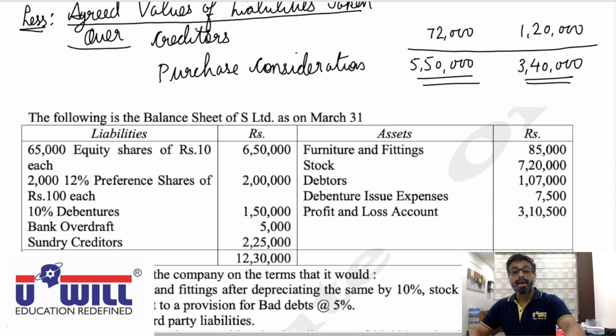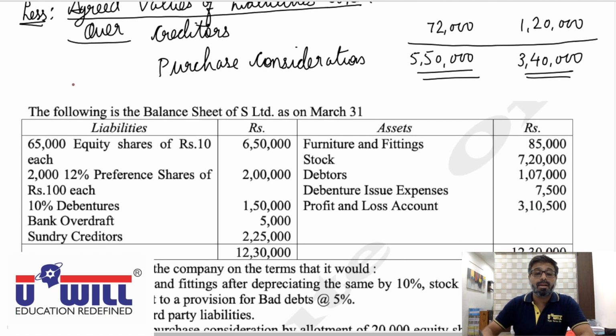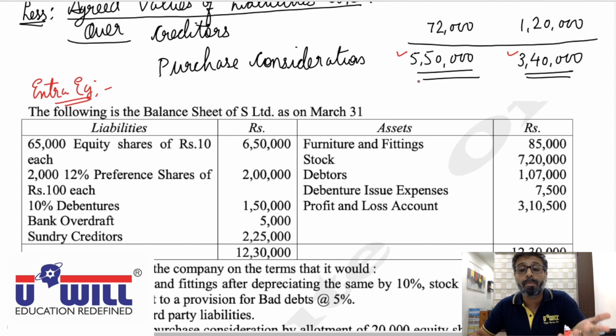Okay. Now we take up a mixed example, because practically after finding this purchase consideration you must also know how you would pay this 5,50,000 to X Limited in terms of shares or cash or preference shares, and the same with 3,40,000. So it will always be a mixture of both the net asset method as well as the net payment method.